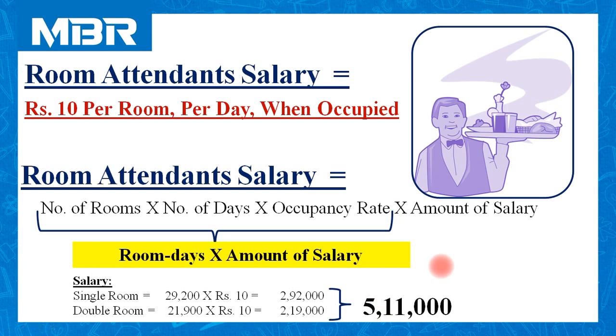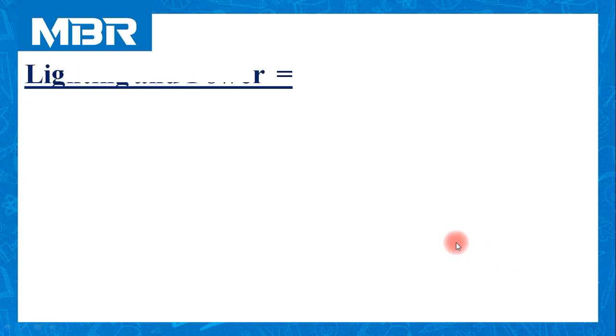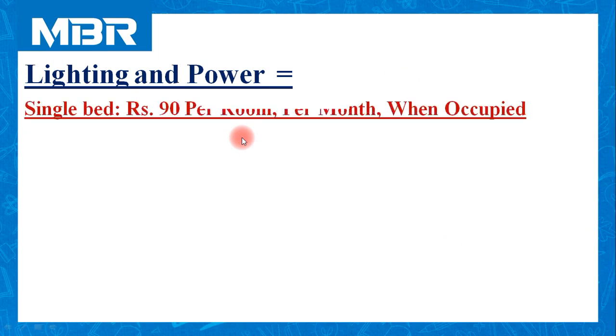After calculation of room attendant's salary, let us move towards equally important calculation from hotel costing. It is related to lighting and power. Check the condition given in the question. And in all the questions of this chapter, same kind of conditions are given. For single bed, rupees 90 per room per month when occupied.